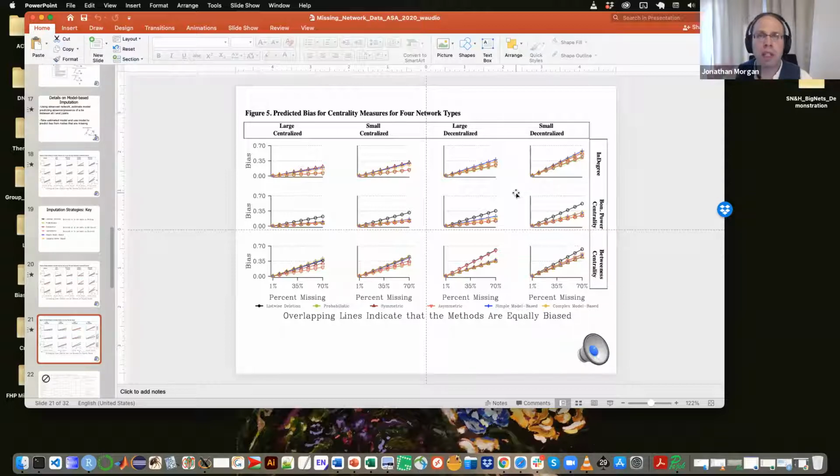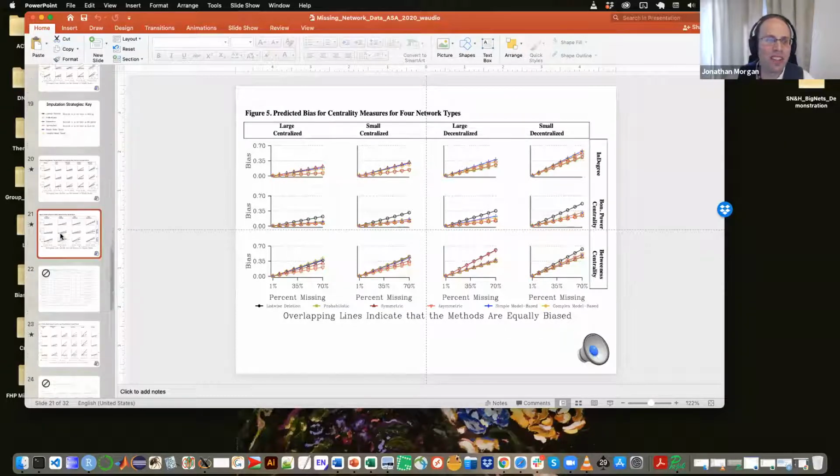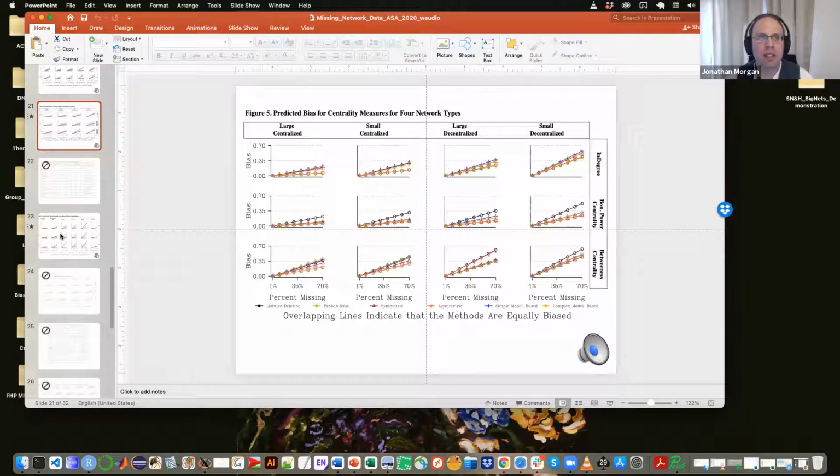And while that can be helpful for getting back the truth in something like a path-based measure, in highly centralized networks where you have a clear core and a clear periphery, it can actually impute ties that don't exist and create bias. So another thing I want you to walk away with is there isn't one clear-cut solution in every case, but do not despair. While it might be contingent, there is a logic.